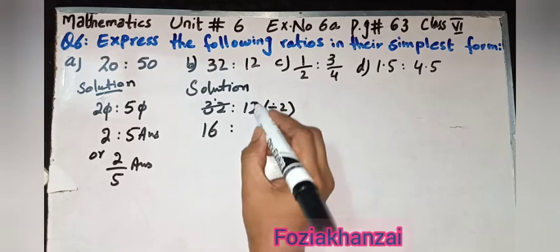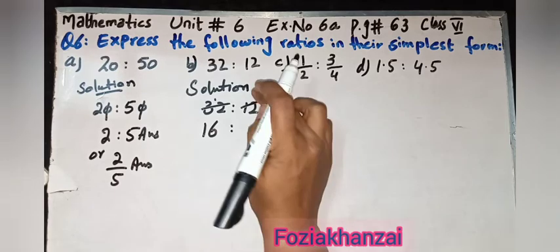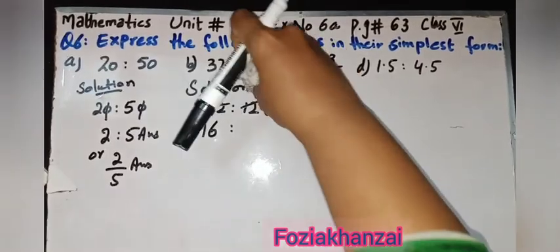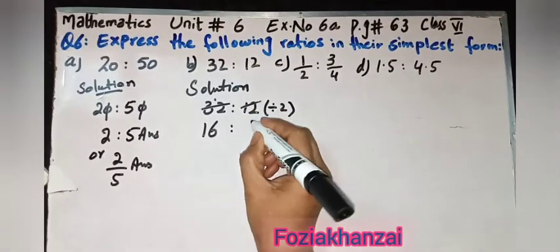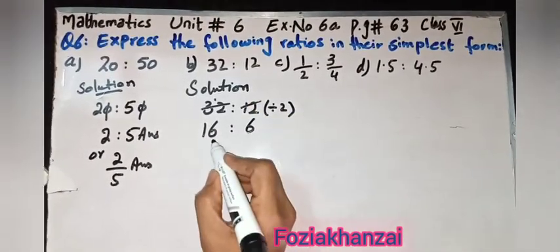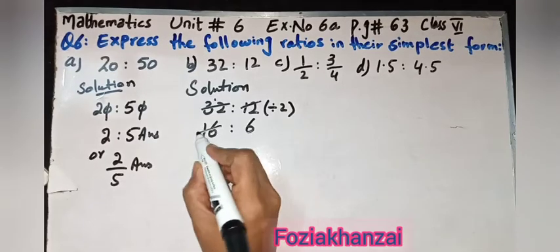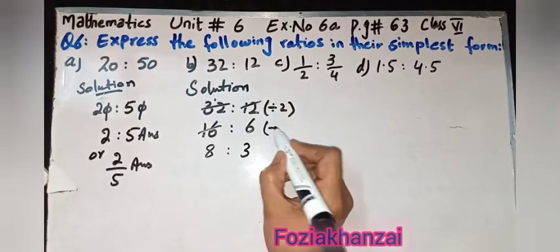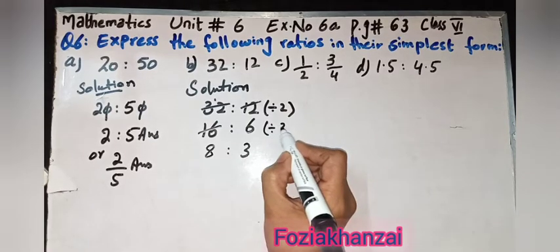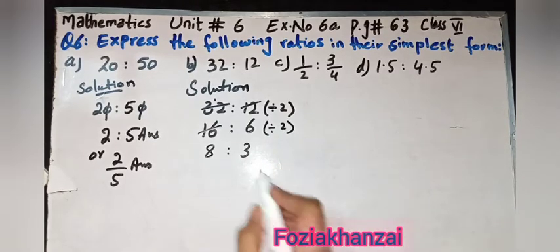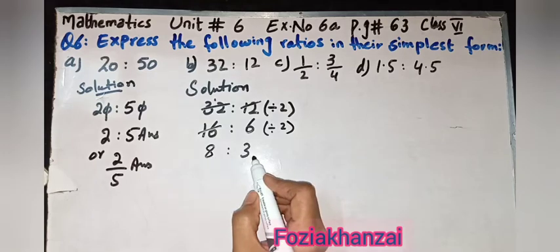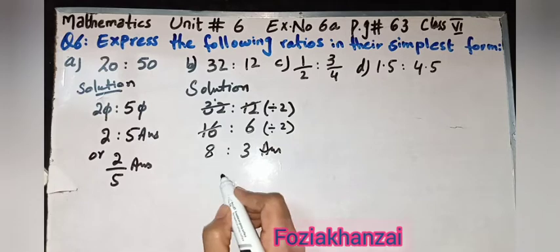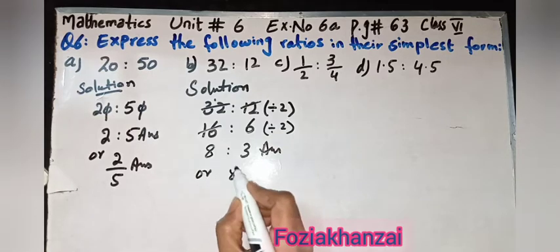Ratio 2 sixes are 12. Further reduce it, both sides even number. 2 eights are 16, 2 threes are 6. Reduce by 2. So 8 is to 3 would be the answer of part B, or 8 upon 3.